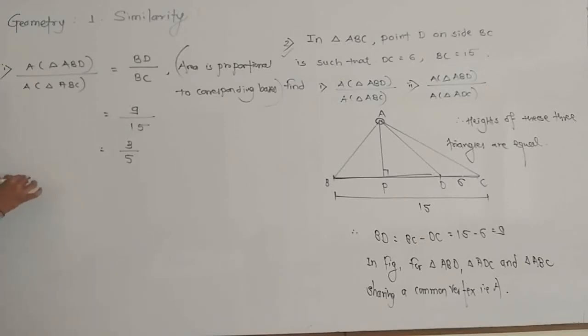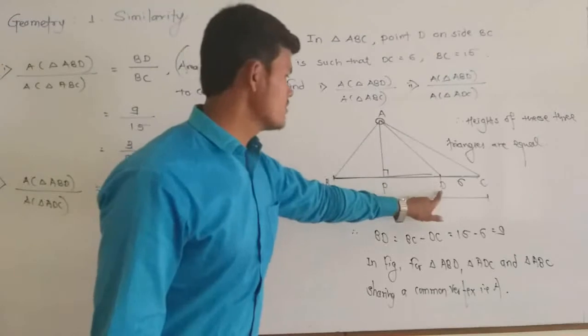Second ratio is area of triangle ABD upon area of triangle ADC. I already said that for triangle ABD and for triangle ADC, their heights are equal, so their area is proportional to bases. For triangle ABD, which one is the base?